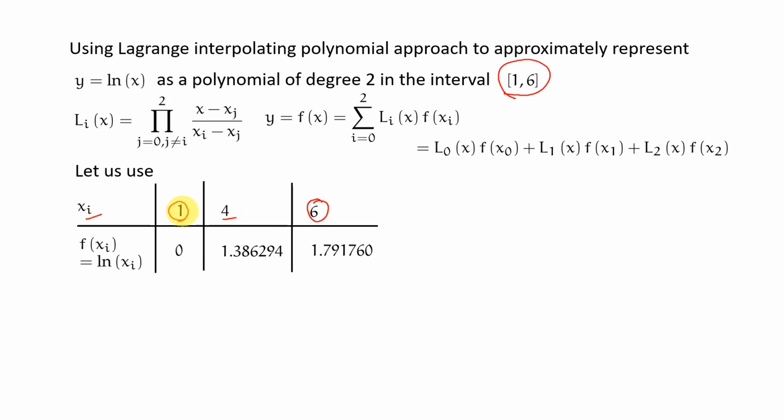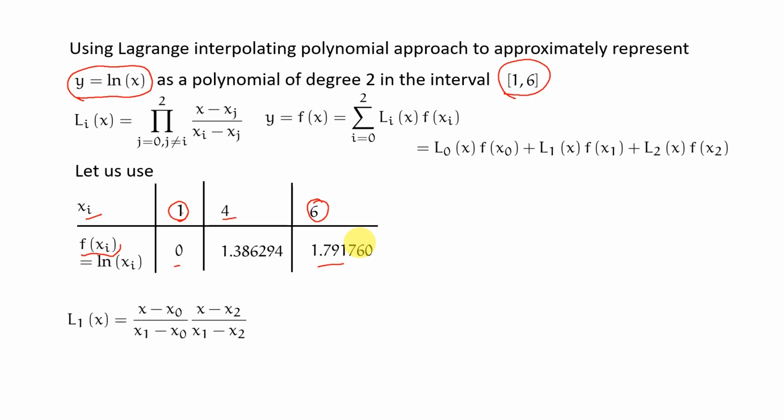Now, for these xi, I have the function y equals ln x, so I can calculate f(xi). For 1 it is 0, for 4 it is 1.386, and for 6 it is 1.7917.